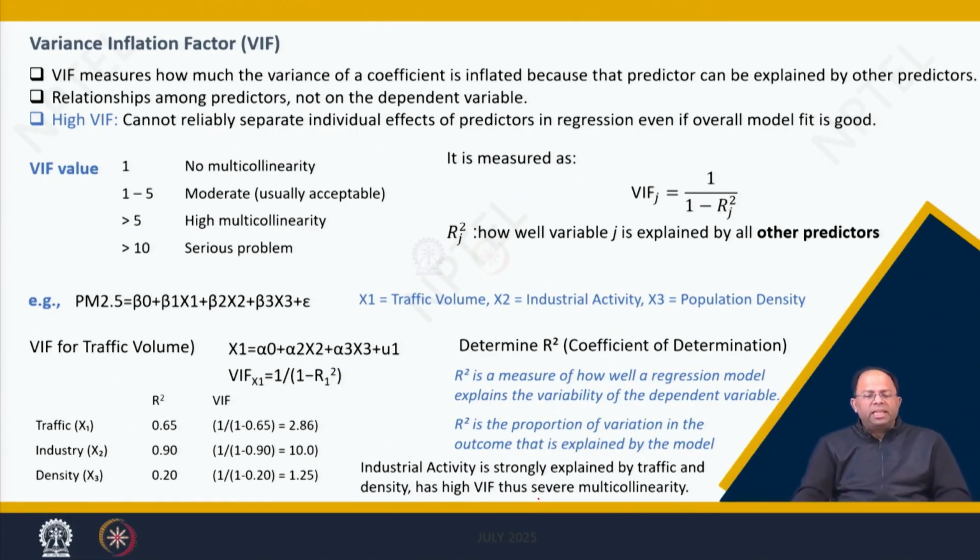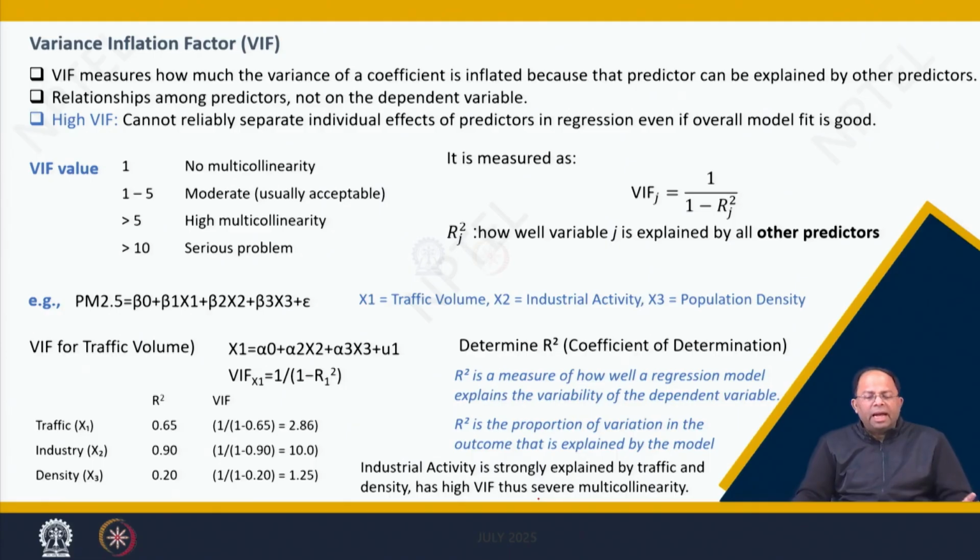Then we come to variance inflation factors. As we discussed earlier, sometimes even though individual collinearity is fine and we cannot see multicollinearity, maybe the result is not that good, or there may be some other indications as well. And then we go for the variance inflation factor. Now VIF measures how much the variance of a coefficient is inflated because the predictor can be explained by other predictors.